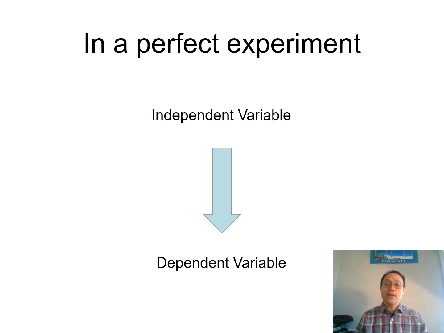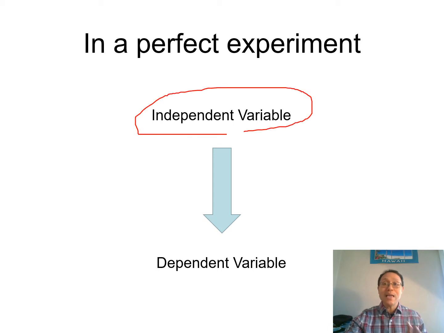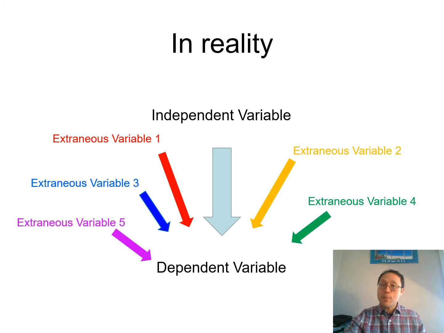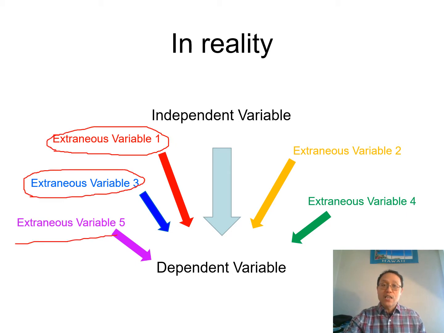Now, in the perfect experiment, you want the independent variable, and only the independent variable, to be responsible for the changes in the dependent variable. But in reality, you have various extraneous variables that can also affect the changes in your dependent variable.